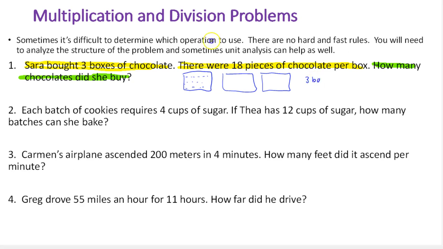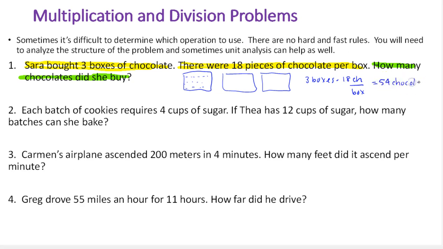So we have 3 boxes times 18, I'll put CH for chocolates per box. Okay. And notice the boxes cancel, so we multiply 3 times 18, which is 54 chocolates.